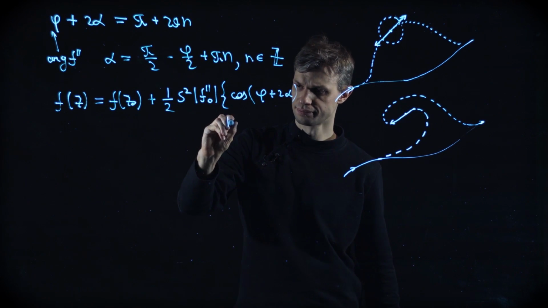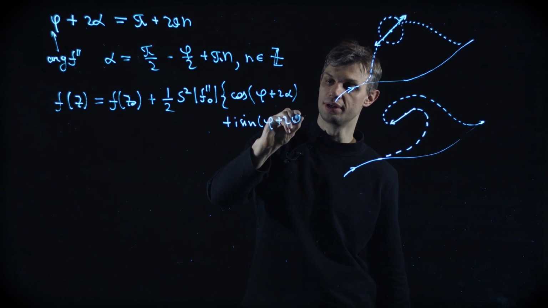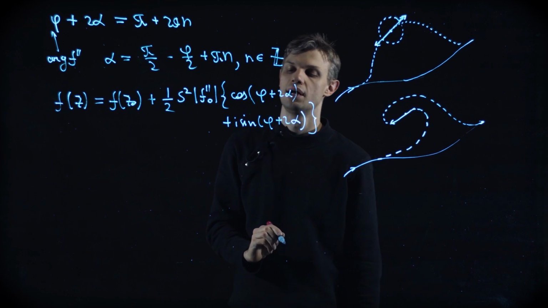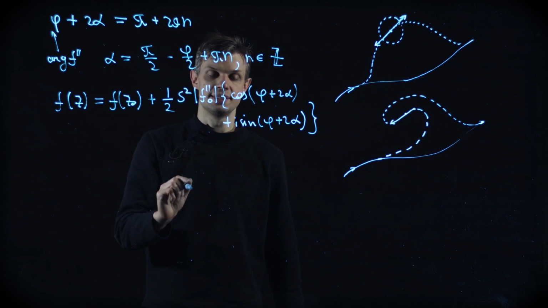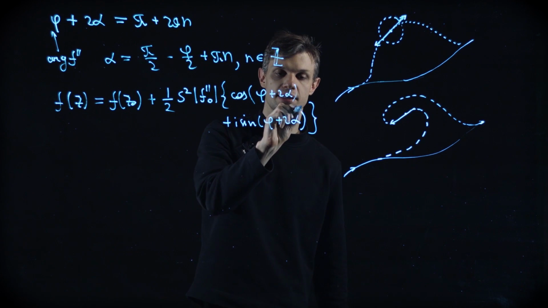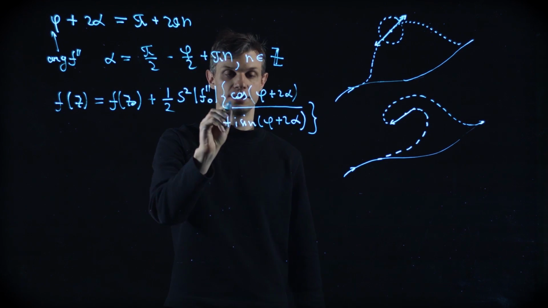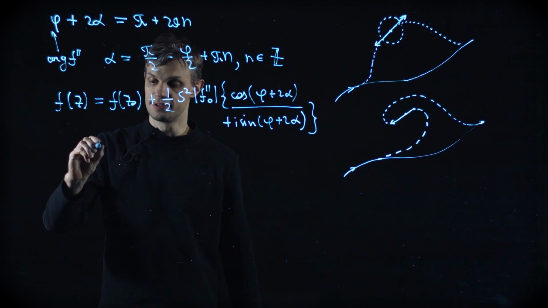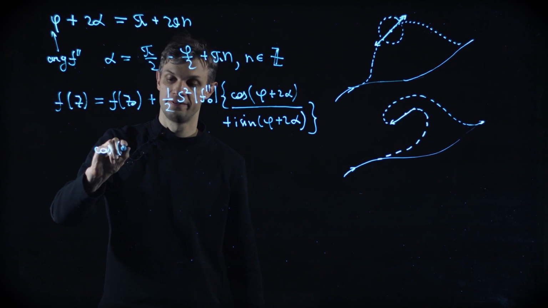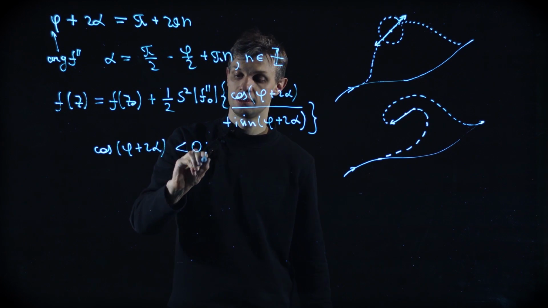And the second term defines the change of the imaginary part of our f function. Right, so we are interested in the regions where this addition to our real part is negative. So cosine of phi plus 2 alpha should be negative.